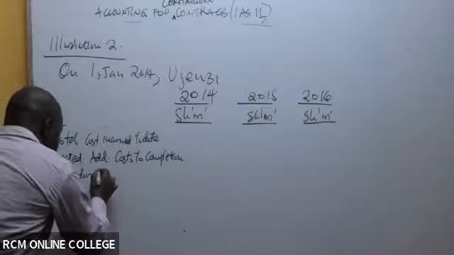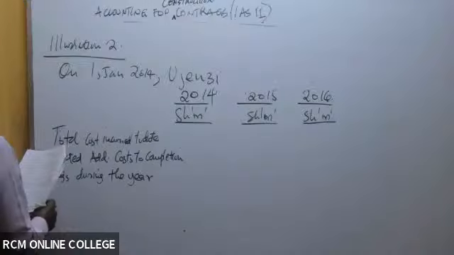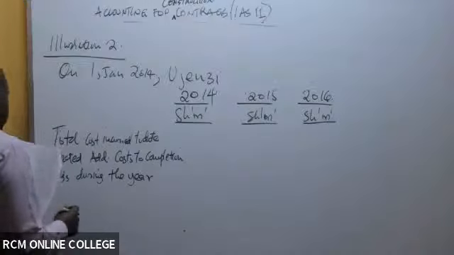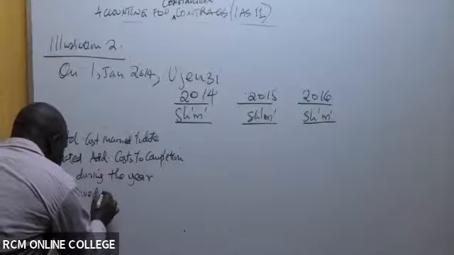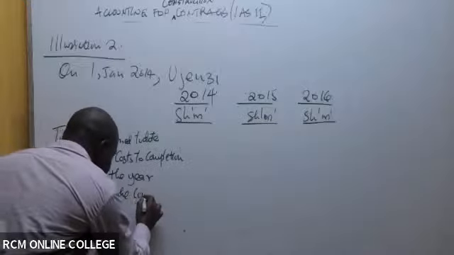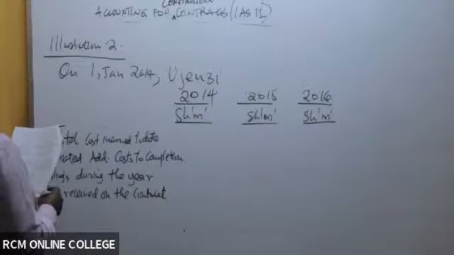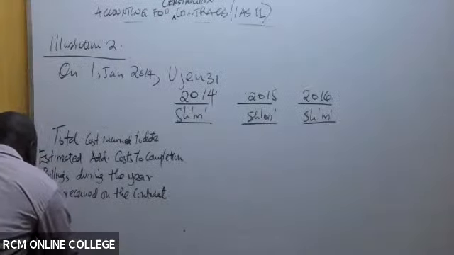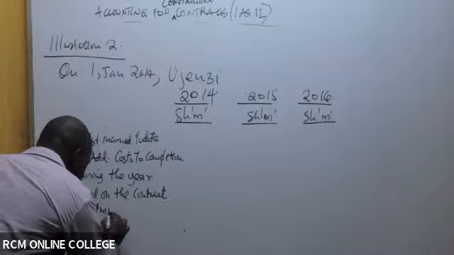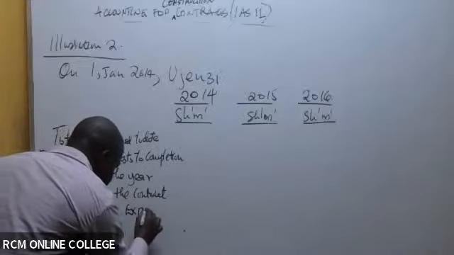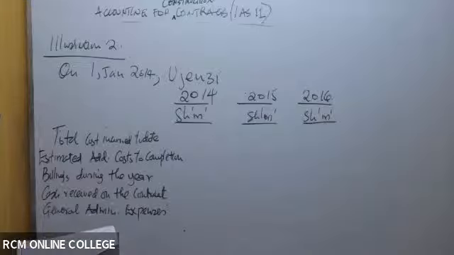Then the other item is cash received on the contract. Then the last item is general admin expenses.